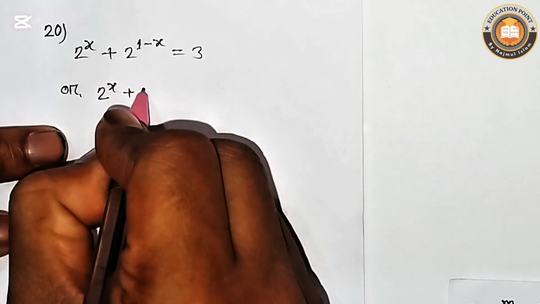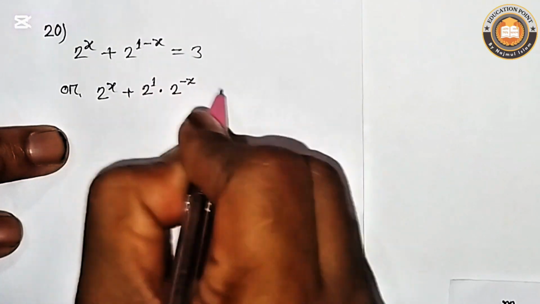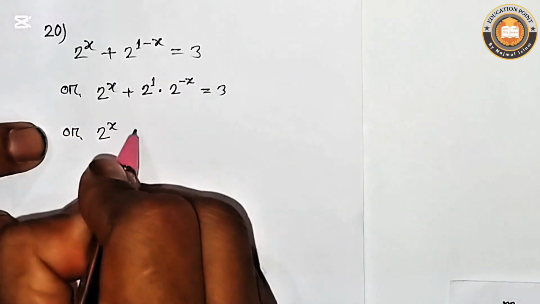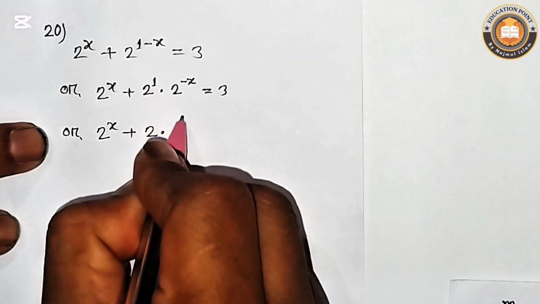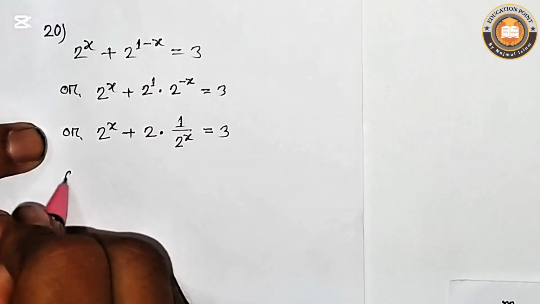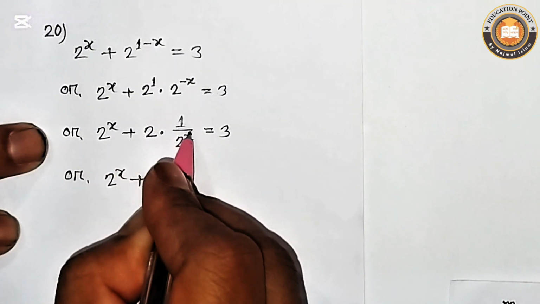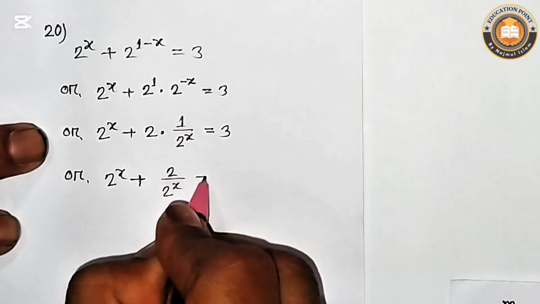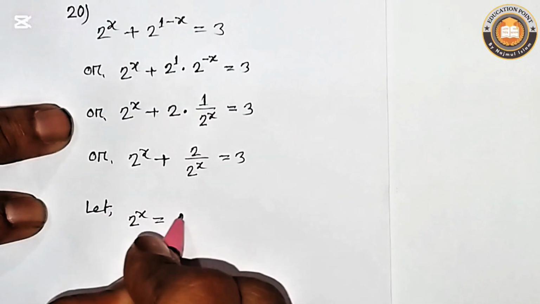According to the formula, we can write 2 power 1 into 2 power minus x equal 3, or 2 power x plus 2 into 2 inverse x, rewritten as 1 by 2 power x, then equal 3, or 2 power x plus 2 multiply with 1 by 2 power x equal 2 by 2 power x equal 3. Let 2 power x equal a.